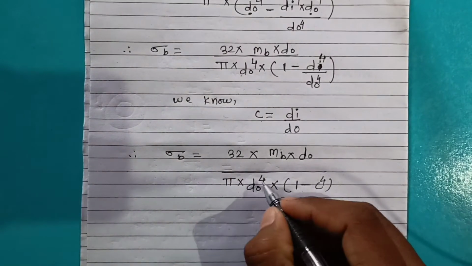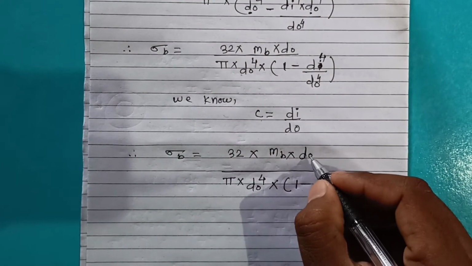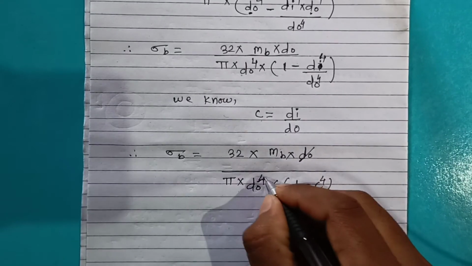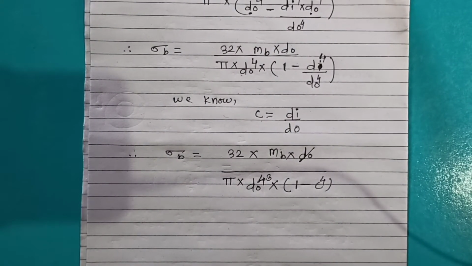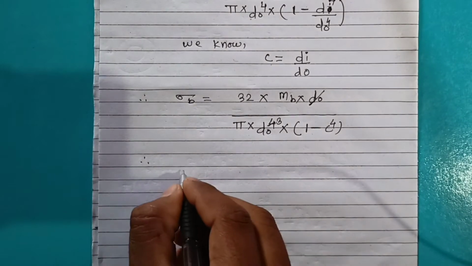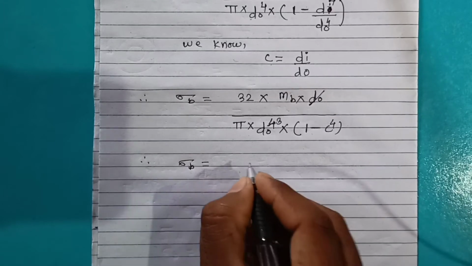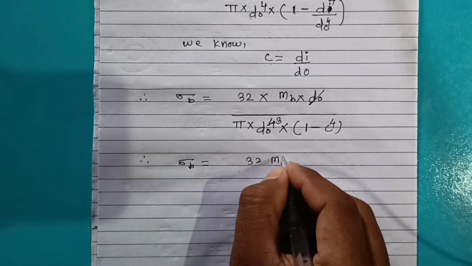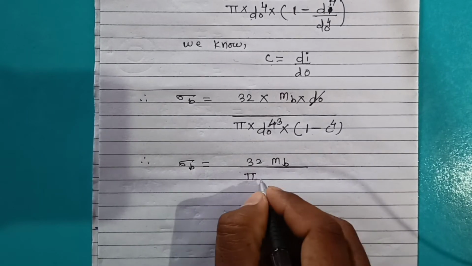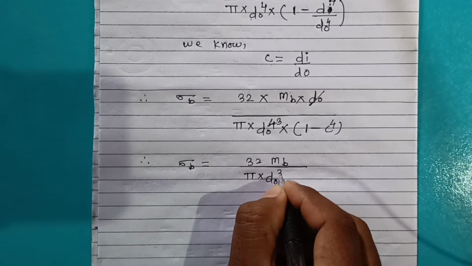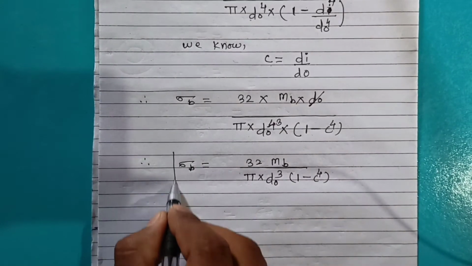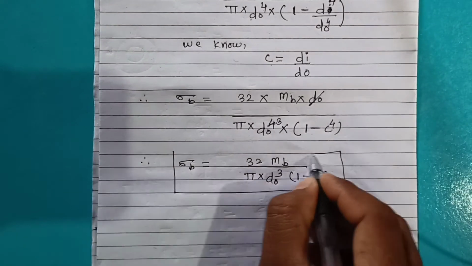Now see here, do raised to 4 and do, one do gets cancelled, and here 3 is remaining, and the final equation is here: sigma b is equal to 32 Mb divided by pi into do cube, in bracket 1 minus C raised to 4, and this equation is for bending stress.